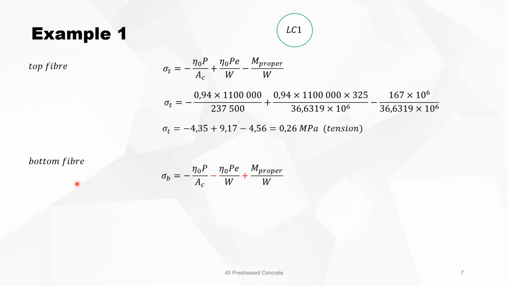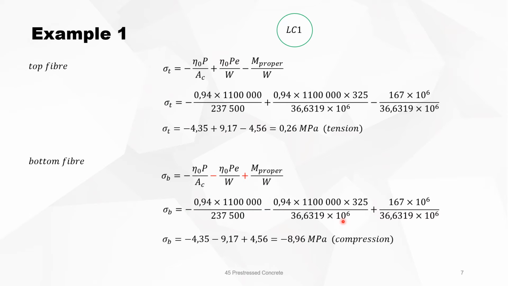The bottom fiber is the same equation, but now we change signs for those two. And when we recalculate it, we have minus 8.96, let's say 9 megapascal, but compression. So the top fiber is in tension and the bottom fiber is in compression, of course, because the tendon is near the bottom side.